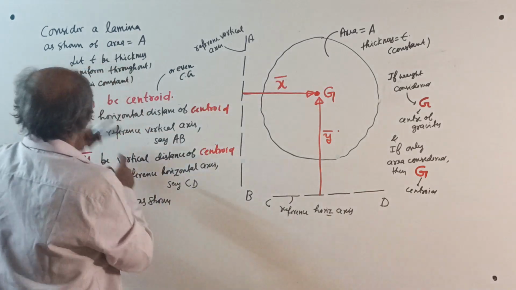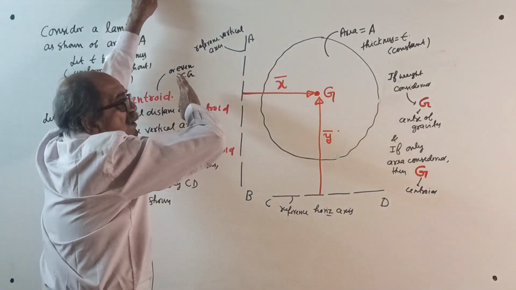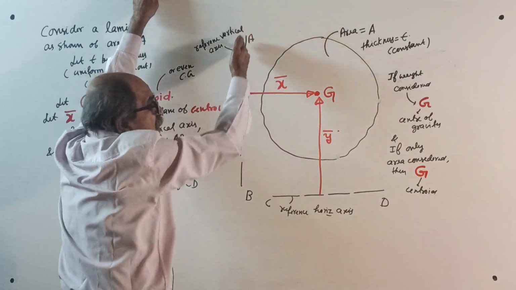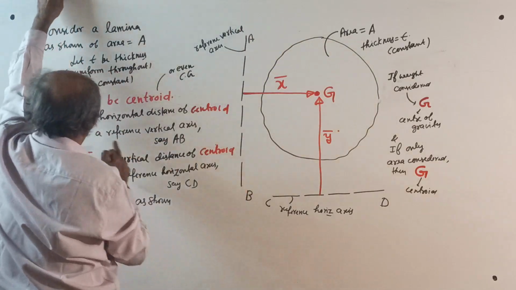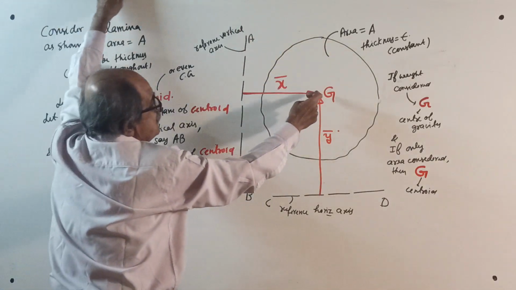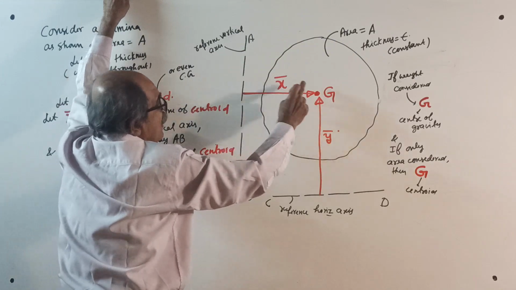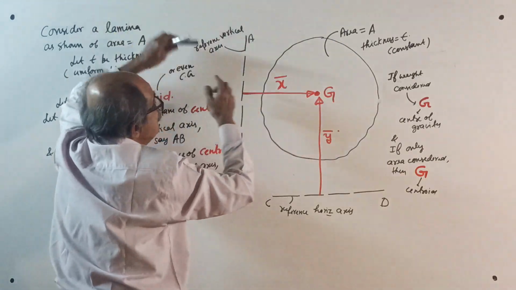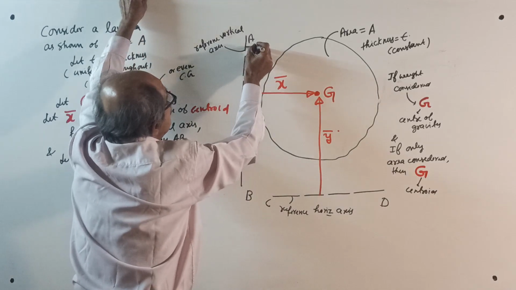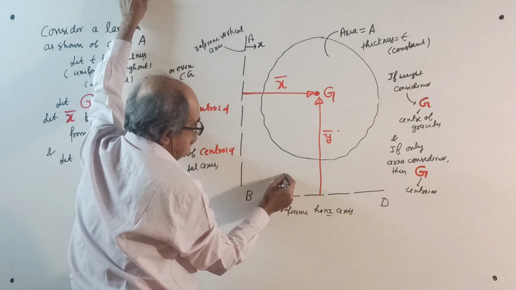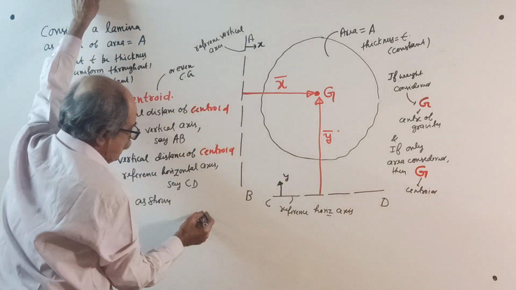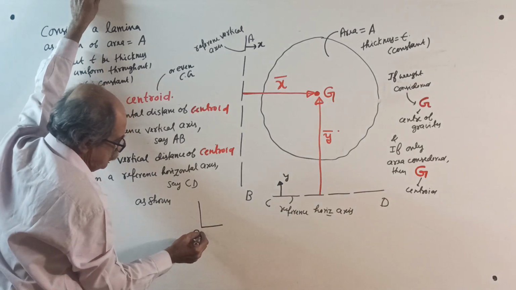Now let's see. I want this distance from any reference line. So, reference vertical line AB. Let centroid G be at x bar. Our x we are measuring this way, our y this way. Later I will tell you, some people use reference OXY.